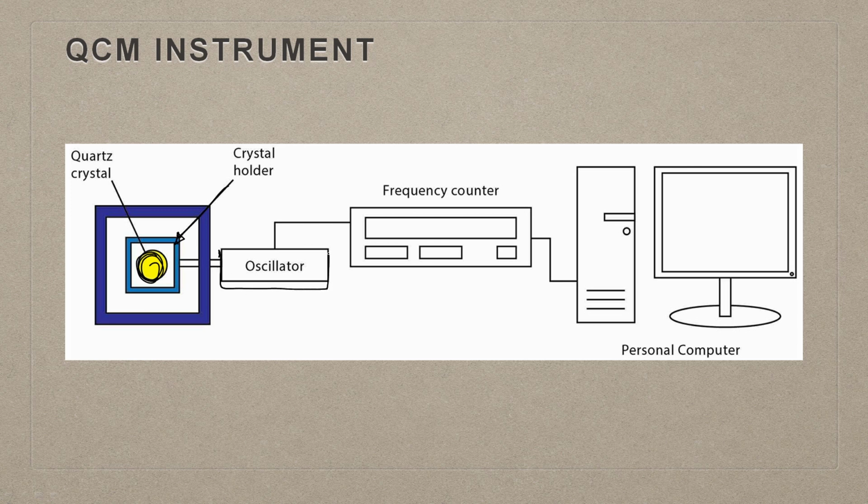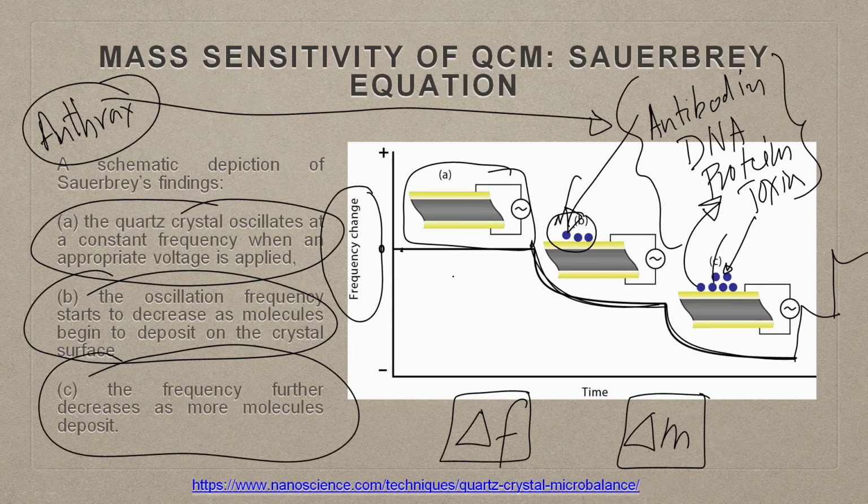Here is the oscillator, which generates a frequency counter, showing at what frequency things are happening, and this is attached to the personal computer. This is an extremely simplistic way of showing it, but this is the basic setup.